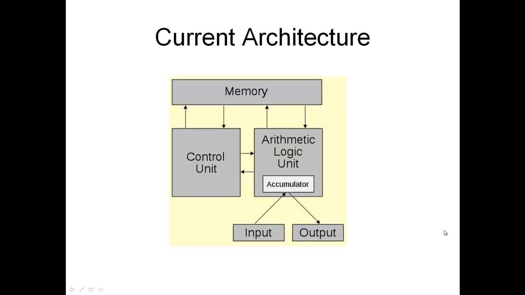Current computers use a von Neumann architecture, named after John von Neumann, who proposed the design in the late 1940s. This architecture contains a control unit, an arithmetic logic unit, accumulator, and input and output devices. All these parts are important and all together make possible the operation of the computer system.